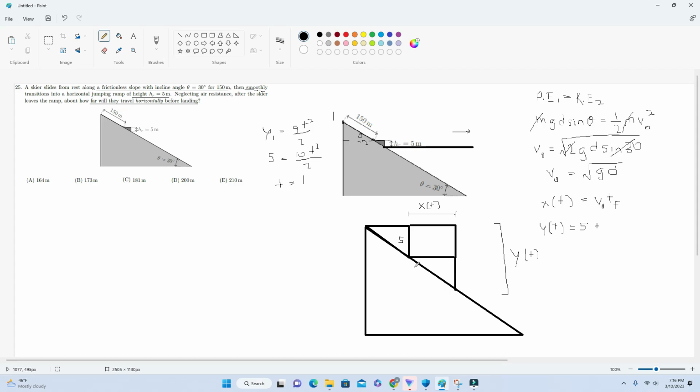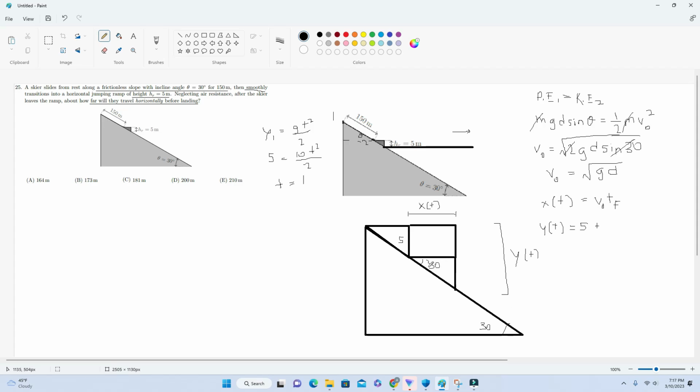Well, look at this, these are all right angle triangles, and we already know their angles to be 30, because that was what was given before. So, since we know one side, our x of t side, we can figure out how much the extra y of t part is increasing by.